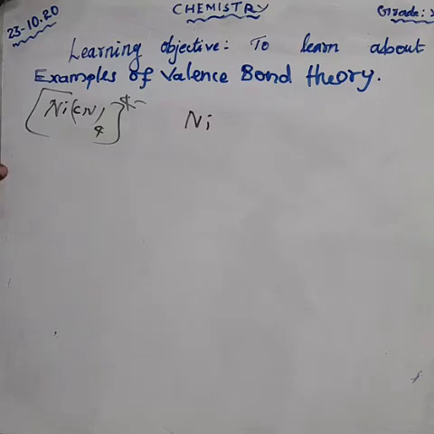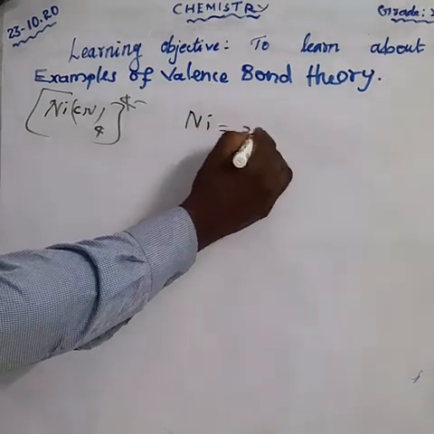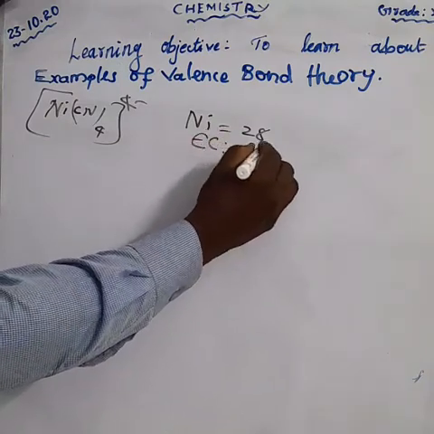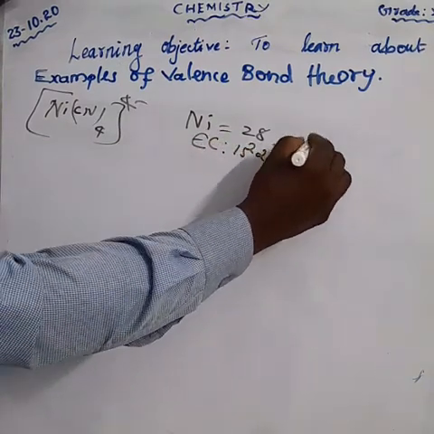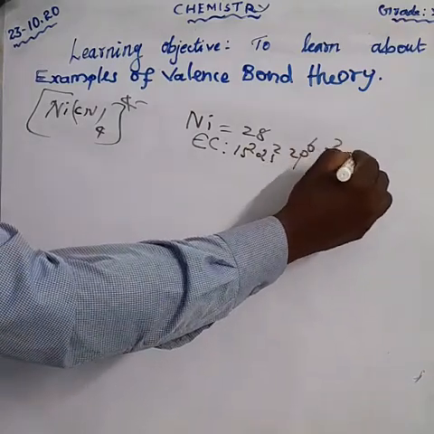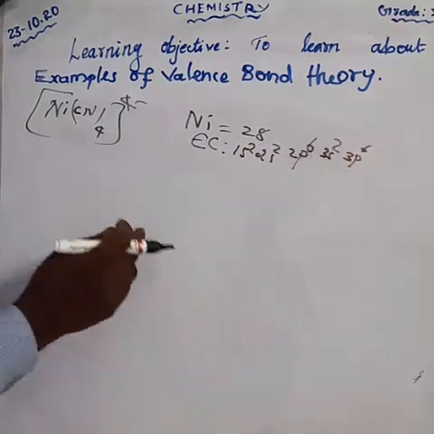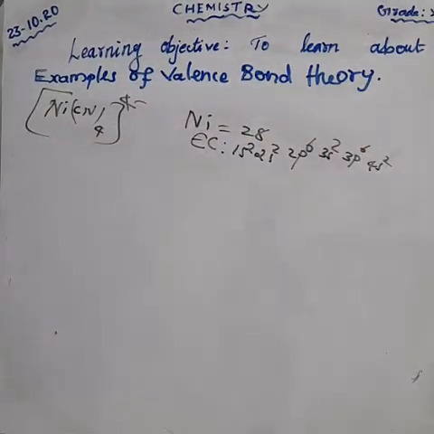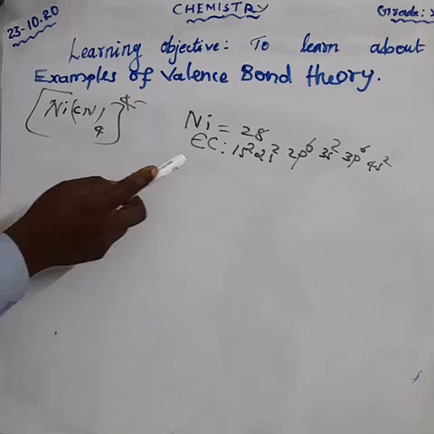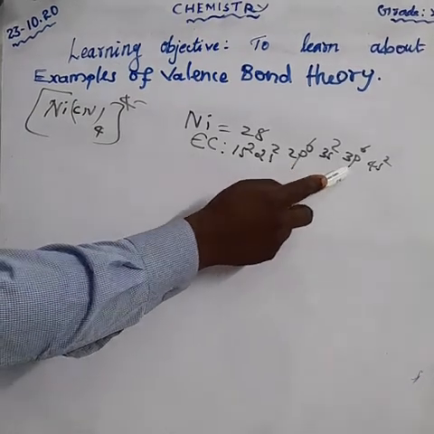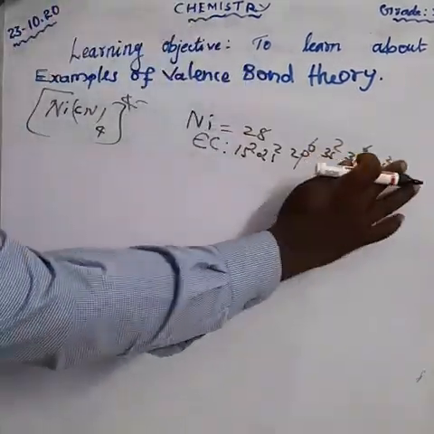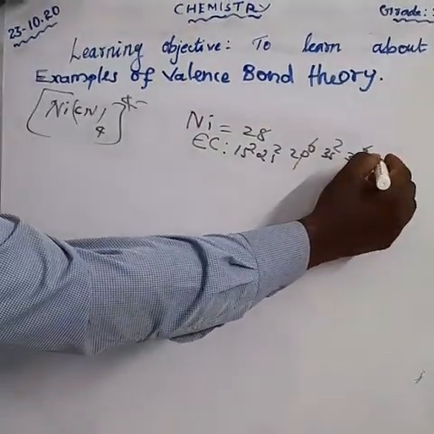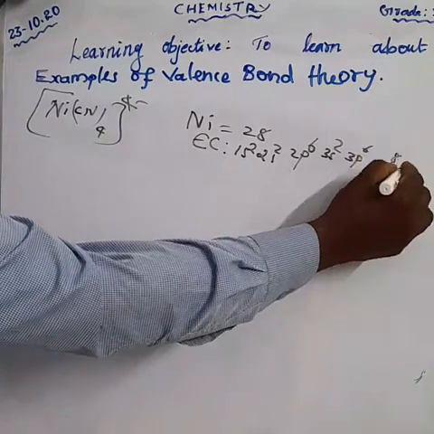Okay. Here we take the atomic number of nickel, which is 28. Electronic configuration is 1s2, 2s2, 2p6, 3s2, 3p6, 4s2. Am I right? Nickel 28: 10, 18, next 3d8, 4s2.